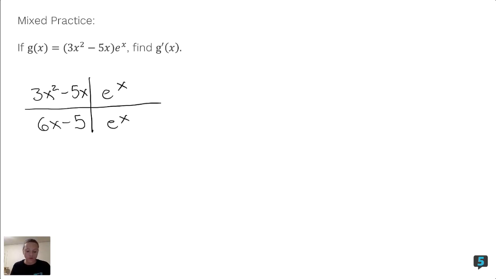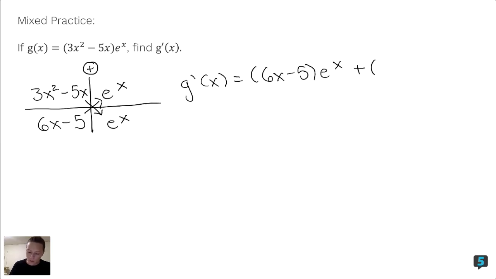All right, product rule. So we're criss-crossing, but we are going to add. So we're going to get g prime of x equals the quantity 6x minus 5 times e to the x plus that quantity 3x squared minus 5x times e to the x.